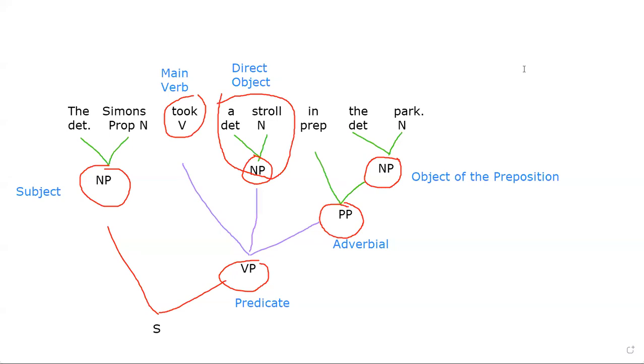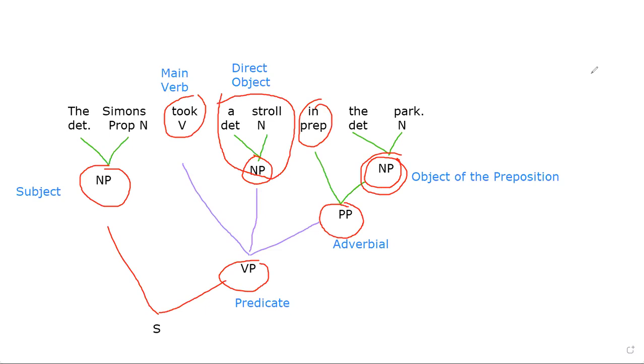So here we have all of our pieces, right? Subject, predicate. Inside the predicate, main verb, direct object, adverbial. In this case, the adverbial is a prepositional phrase. The prepositional phrase, you have a preposition and an object of the preposition. And I can see those pieces all together. Preposition, right? An object of the preposition. Okay, so you can see all of those pieces if you know what you're looking for.